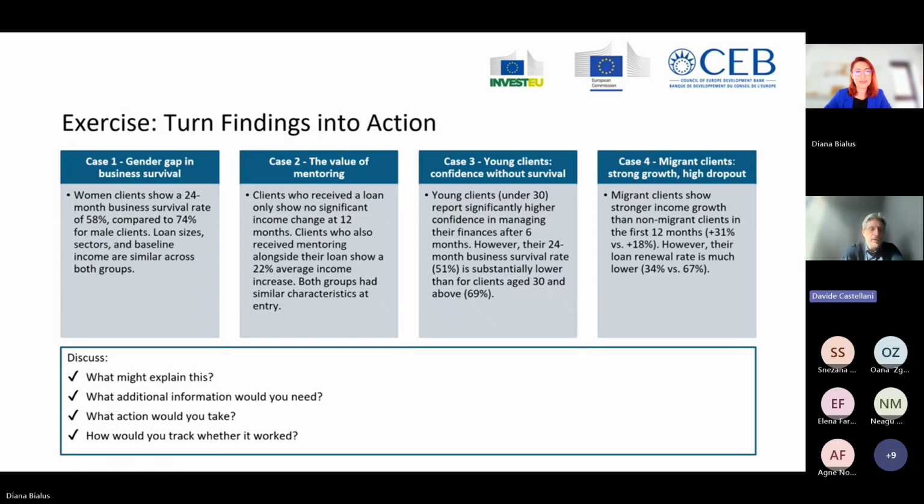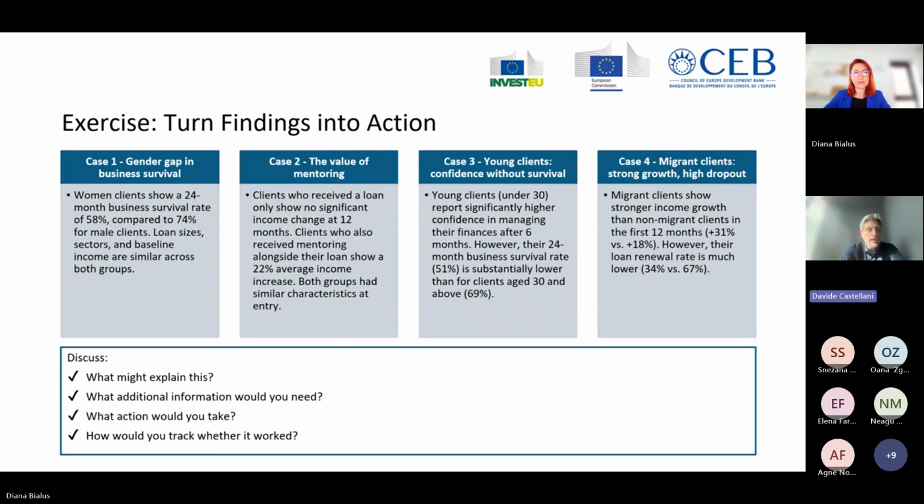Yes. So these are cases that we have created by ourselves. So they are not necessarily related to a specific, existing MFI. So we have 4 different cases. One case is about analyzing outcome data and some of the results that you have gotten. Okay. So case 1 is a gender gap in business survival.